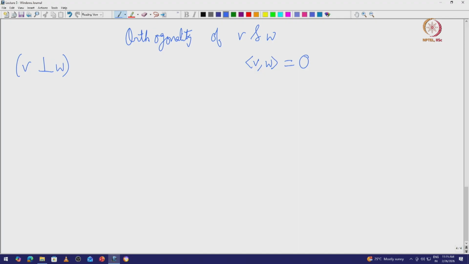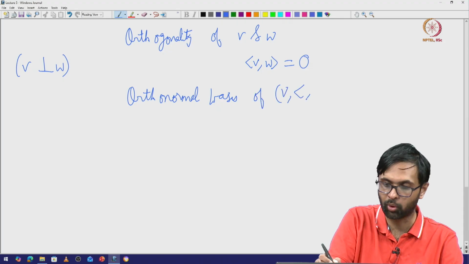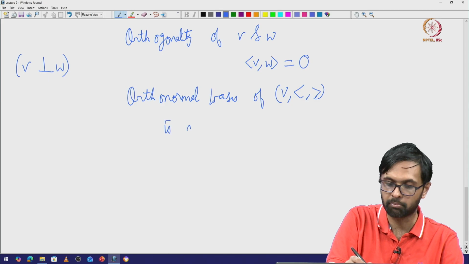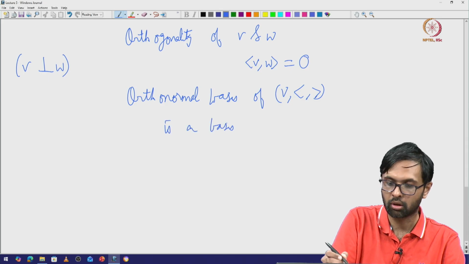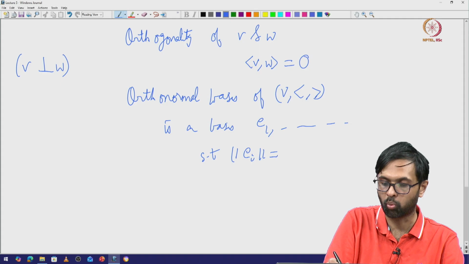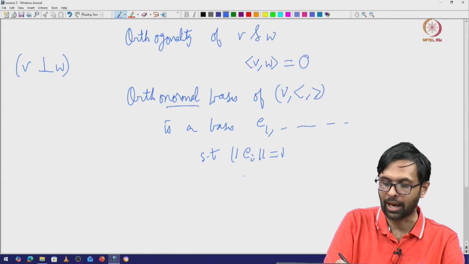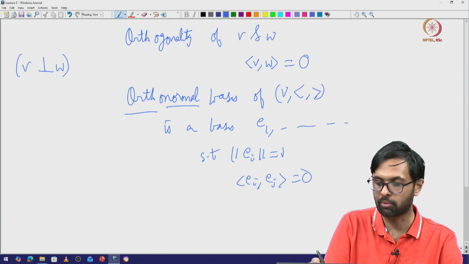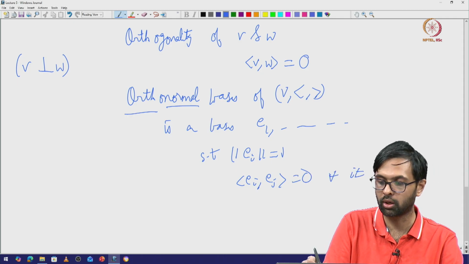An orthonormal basis of a vector space equipped with an inner product is a basis e1, etc., such that each of these has norm 1, that is why normal, and different things are perpendicular to each other, that is where the ortho comes from, for all i not equal to j.